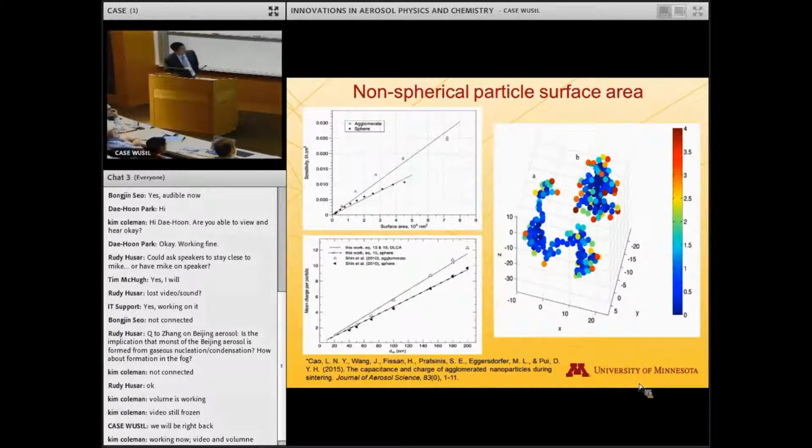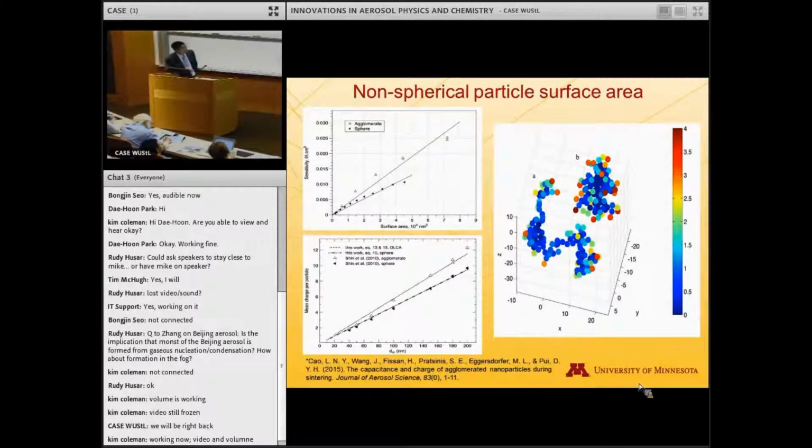When we present mean charge per particle as a function of mobility diameter, for spheres this is the curve, and for the agglomerates we find higher charge. Particles are charged to a higher degree for agglomerates. Then when we put these charged particles into the new surface area monitor, you can see that this is for the sphere and this is for the agglomerates, which measure more surface area as a result.